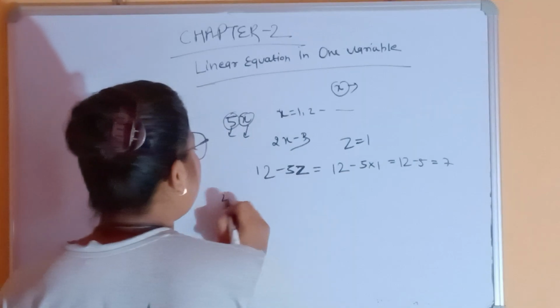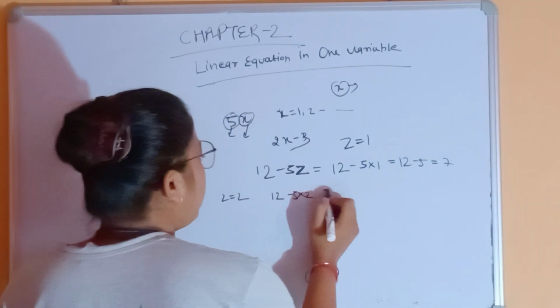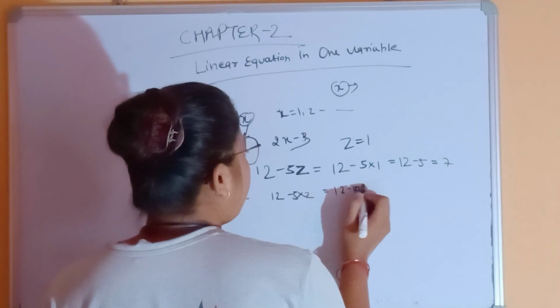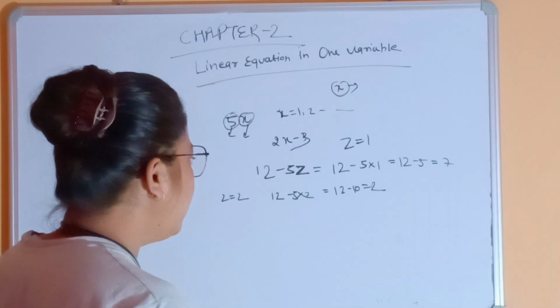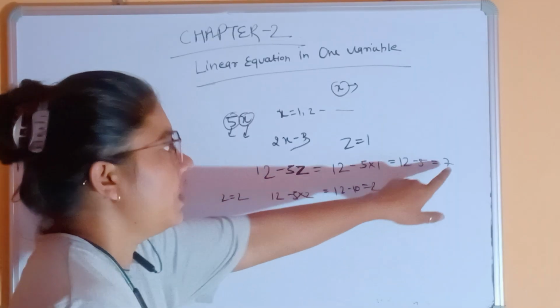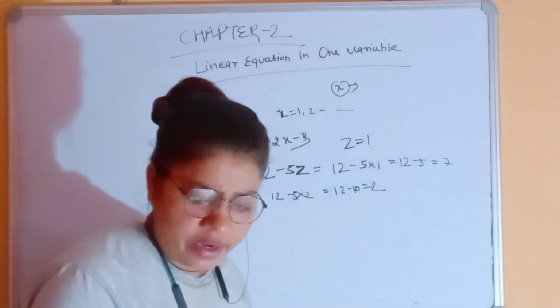If z equals 2, then 12 minus 5 into 2, that is 12 minus 10, the value is 2. When the value of z changes, the value of the expression also changes, like 7, 2. 12 and 5 do not change. So z is the variable here.